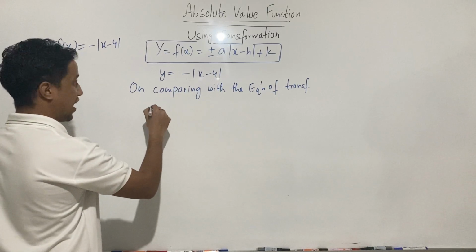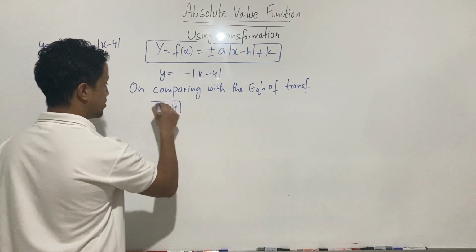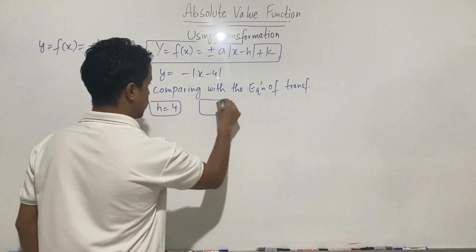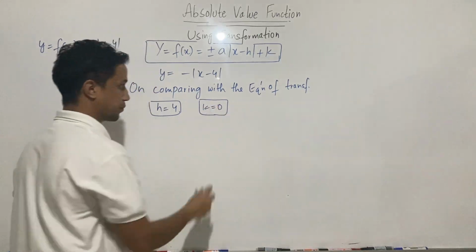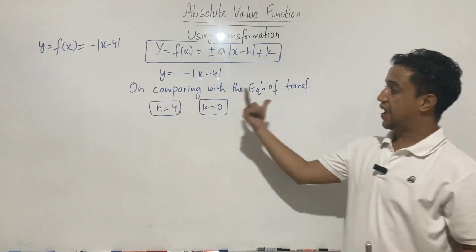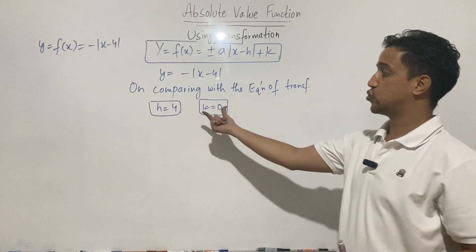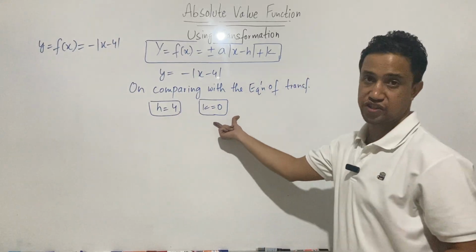We'll get h equals 4 and k equals 0, right? So we'll get the x-intercept and the y-intercept. The x-intercept is 4, and the y-intercept is 0.